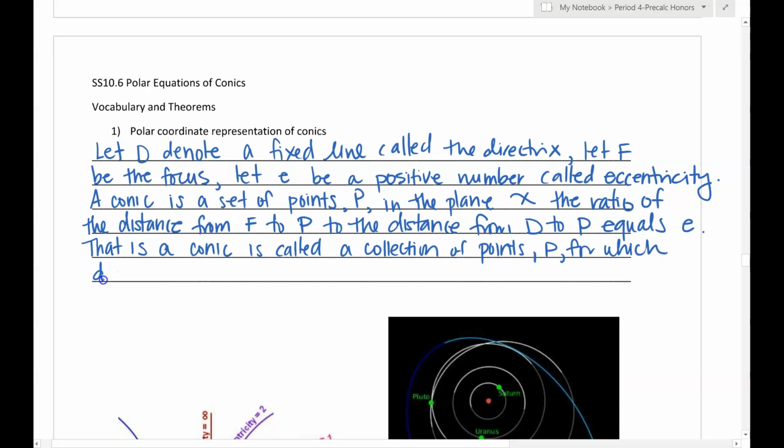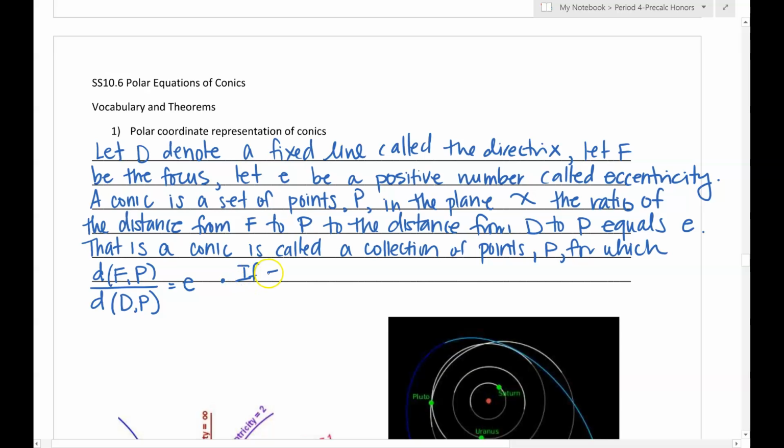The distance from F to P divided by the distance from the directrix to that same point equals the value of E. Now, what is the shape? It's based on the value of E, okay?